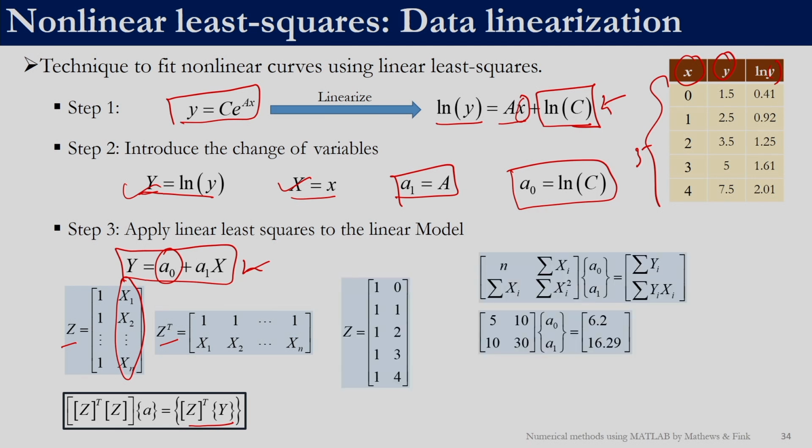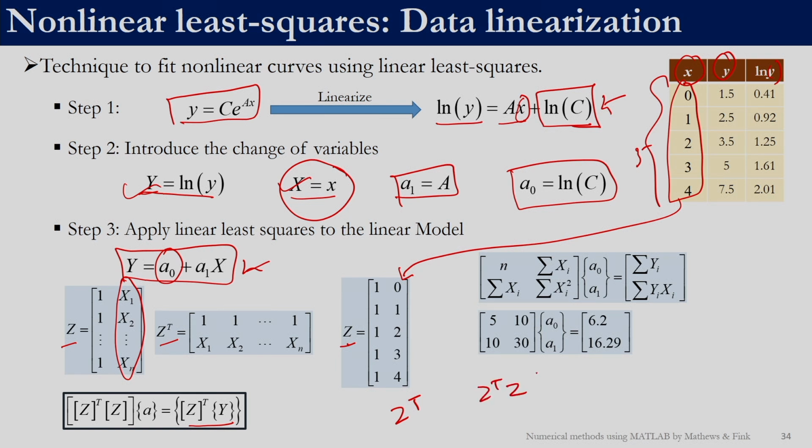If we apply this solution to this problem, our z matrix will be a column of ones, there are 5 data points so 5 rows, and then this independent variable is to be directly stacked over here, because we do not need any transformation of that, right. Uppercase x is nothing but the lowercase x. Once we have z, we can calculate z transpose and z transpose z, right.